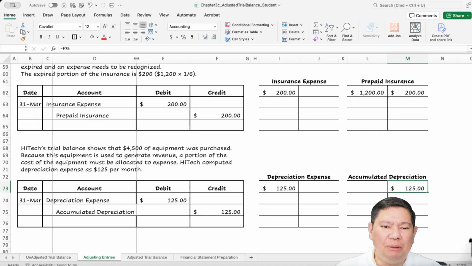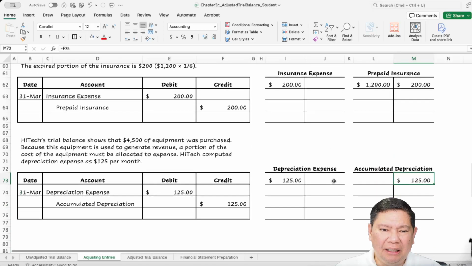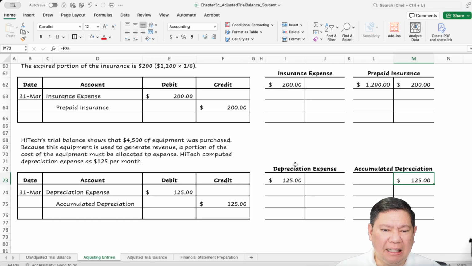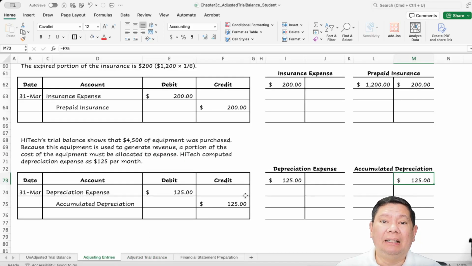Okay, so that's how we prepare the adjusting entries for this example, for this company. Next, we are going to look at how to prepare the adjusted trial balance before we are ready to prepare our financial statements. Thank you for watching.